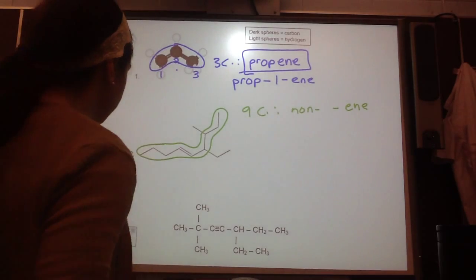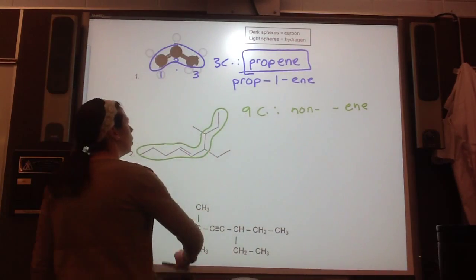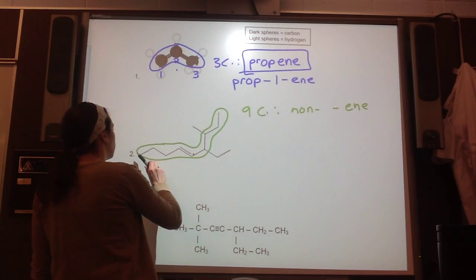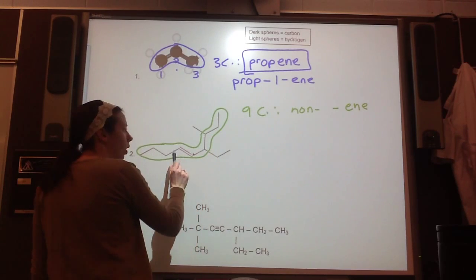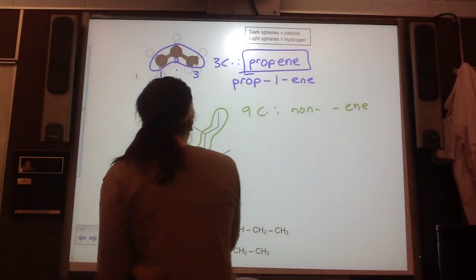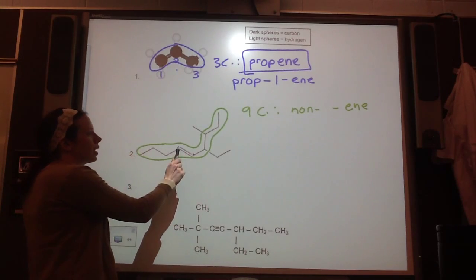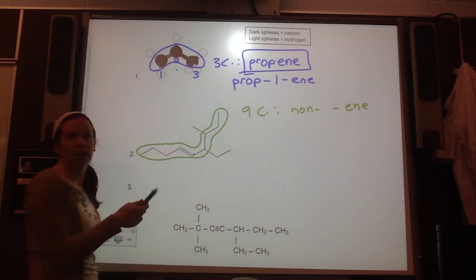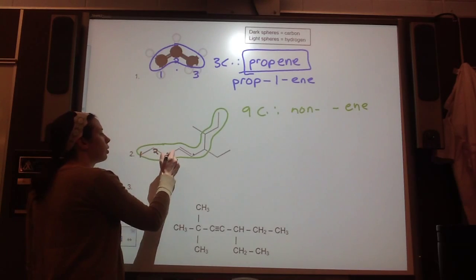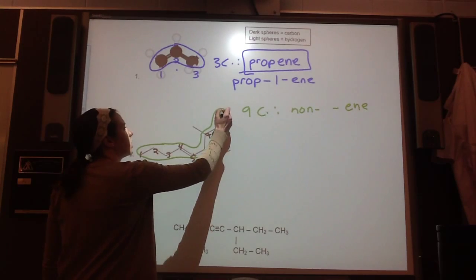Let's try it from both ends. We have to go from left to right, because going this way, the double bond gets a smaller number. So we go 1, 2, 3, 4, 5, 6, 7, 8, 9.